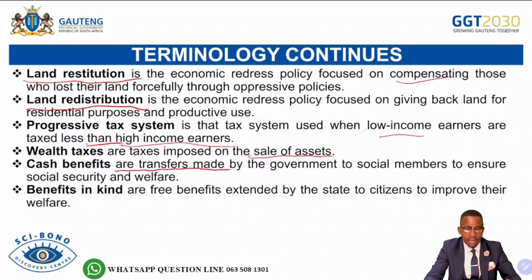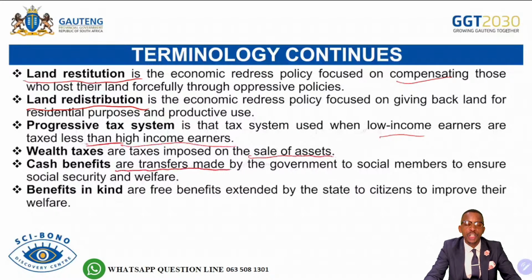Those are cash benefits that are extended by the government to social members so that they can improve their standards of living and afford their basic living, because some of them, like pensioners, are no longer economically active. So for that sake, they need to receive income that will ensure that they receive that basic living. Also, people with disabilities, it is very important for them to earn a living if they cannot afford to work. So that's when the government provides them with the disability grants.